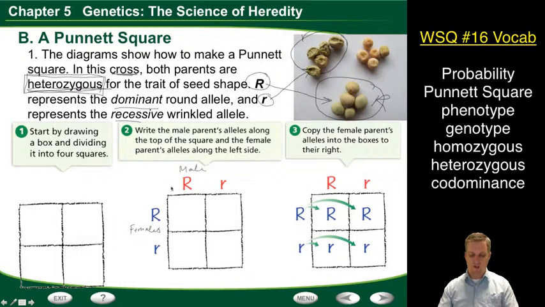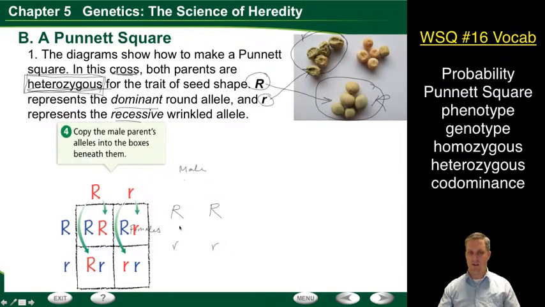The third step is we're going to copy the female parent's alleles into the boxes to their right. So I'm going to take these, and I have a big R and a big R. They all just come across the line, and then I have a little r and a little r. Then we're going to do the same thing with the male.